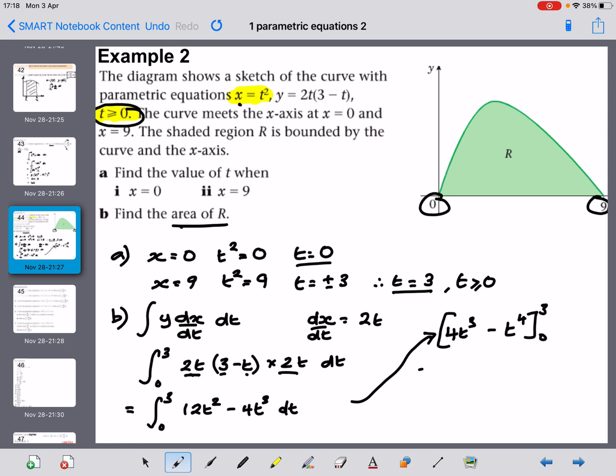So if I sub in my limits, 4 times 3 cubed is 27, times 4 is 108, minus 3 to the power 4, which is 81, take away 0 minus 0. So the final answer is 27.